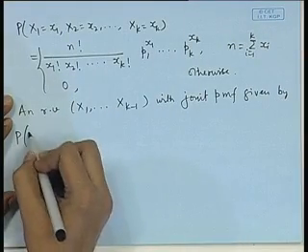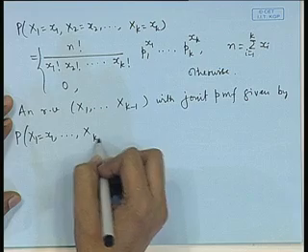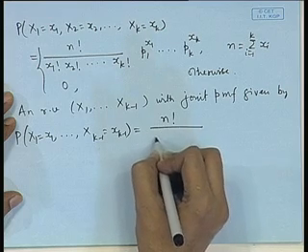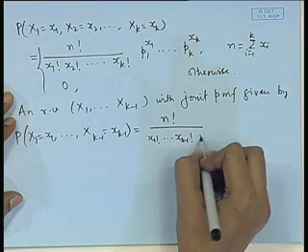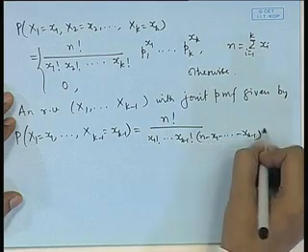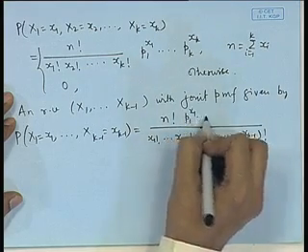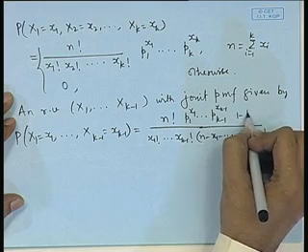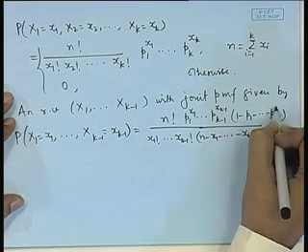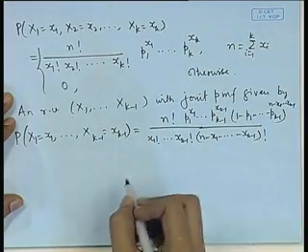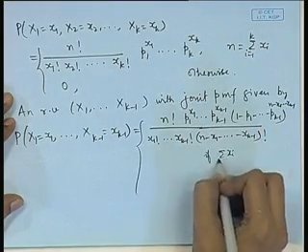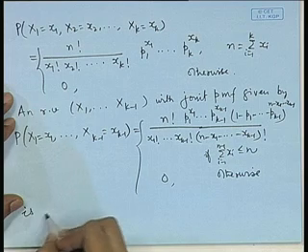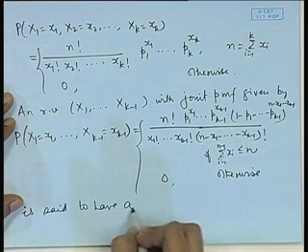The probability that X1 is equal to x1, X2 is equal to x2, up to Xk minus 1 is equal to xk minus 1 is n factorial divided by x1 factorial, x2 factorial, up to xk minus 1 factorial, and n minus x1 minus x2 minus up to xk minus 1 factorial, times p1 to the power x1 and so on up to pk minus 1 to the power xk minus 1, and then 1 minus p1 minus p2 minus up to pk minus 1 to the power n minus x1 minus x2 minus up to xk minus 1, if sigma xi, i equal to 1 to k minus 1, is less than or equal to n, and 0 otherwise. This is said to have a multinomial distribution.